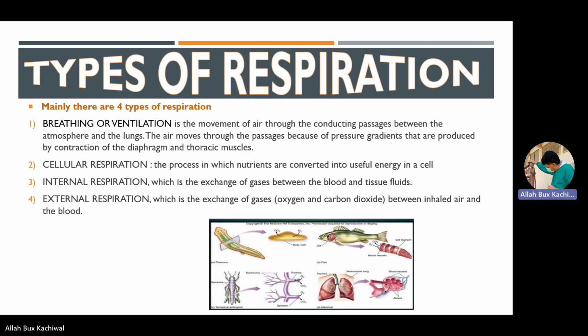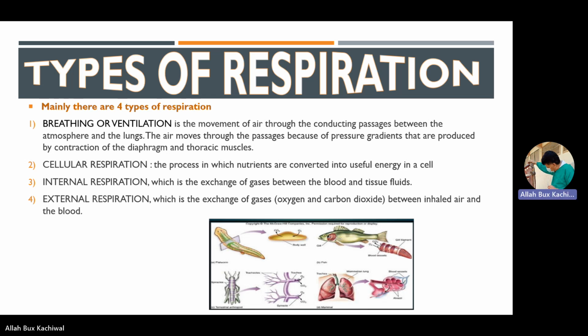So there are types of breathing. Mainly, there are 4 types of respiration. One is breathing or inhalation, which is the movement of air through the conducting passage between the atmosphere and the lungs.